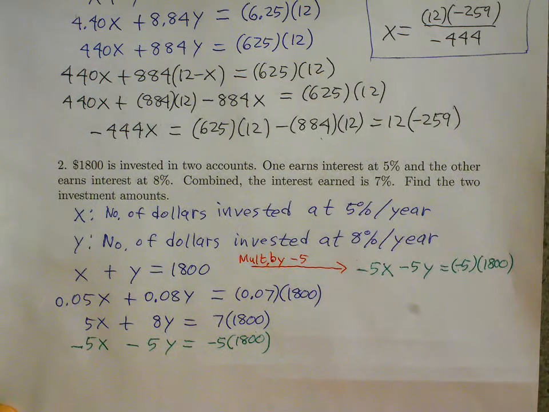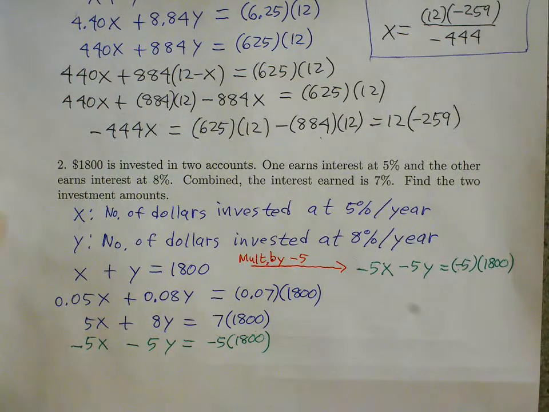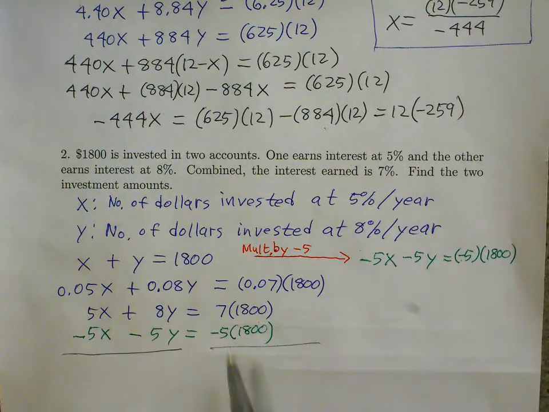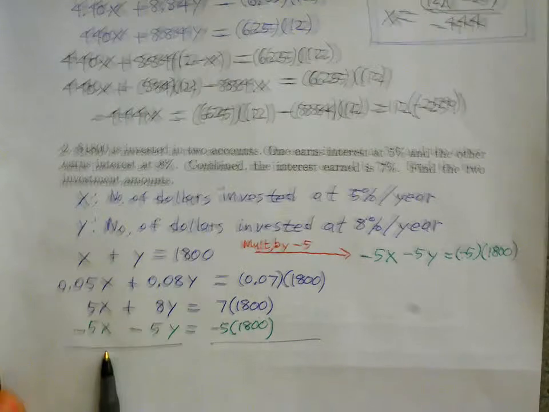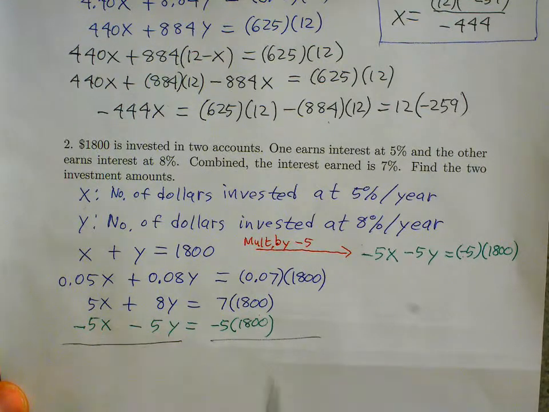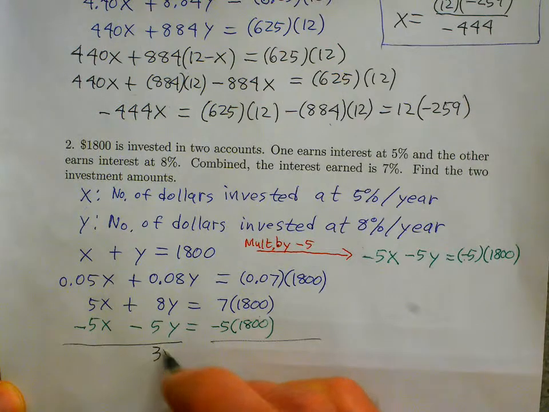This is the way I'm doing it. It shows what you can do if you don't have a calculator. You don't always have to multiply everything out at every step. You can leave things in factored form. So when we add these two equations, the variable x is eliminated. 8y plus -5y is 3y.